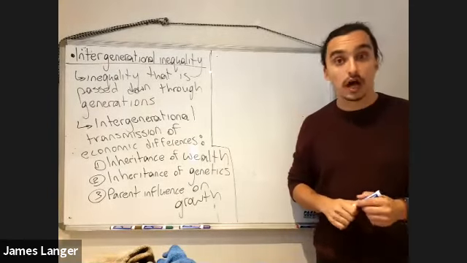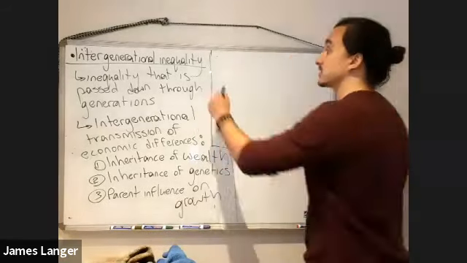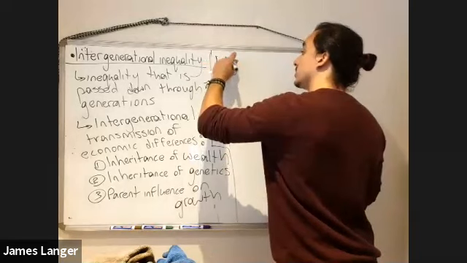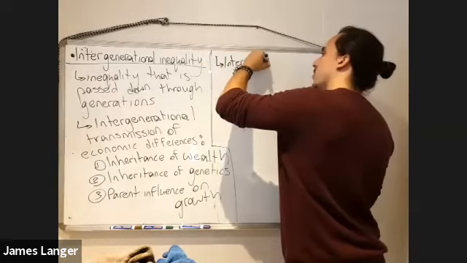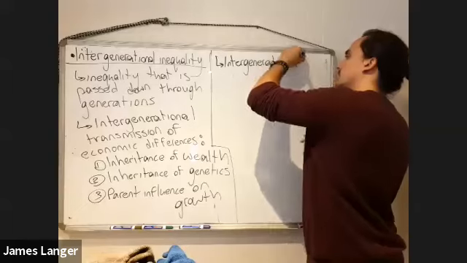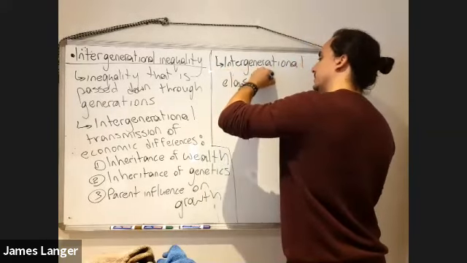All right, cool, guys. So we have a measurement for this. We actually now have a measurement for this. And this is what we call intergenerational elasticity.